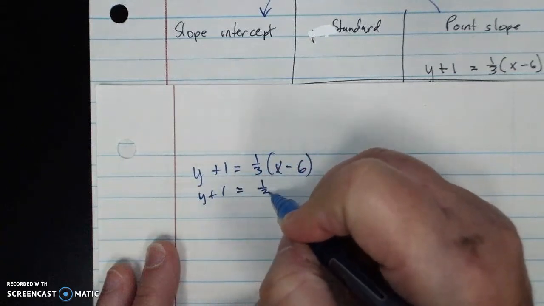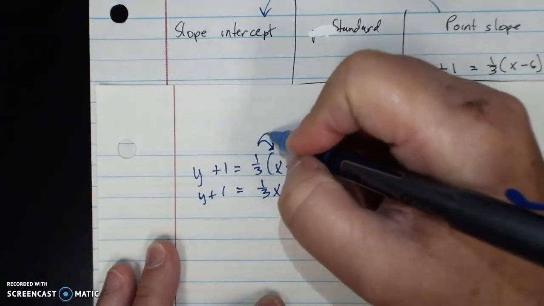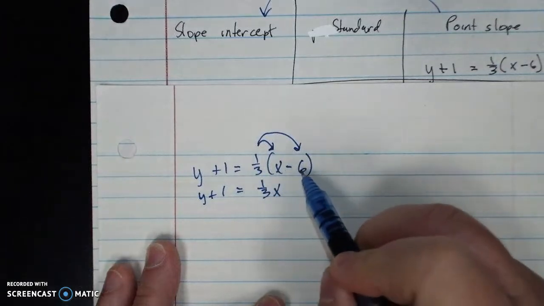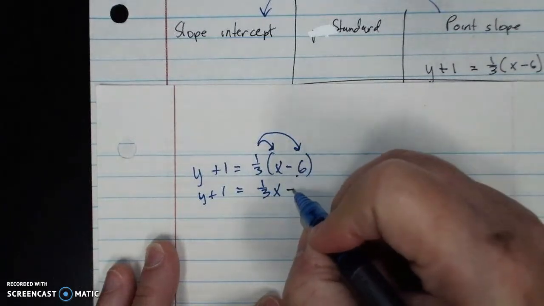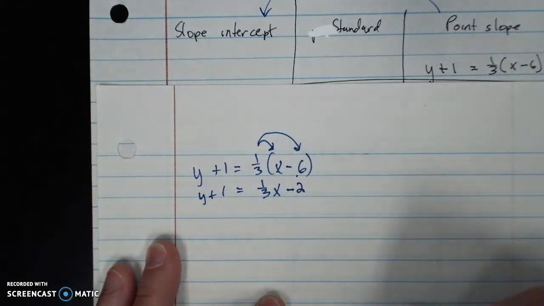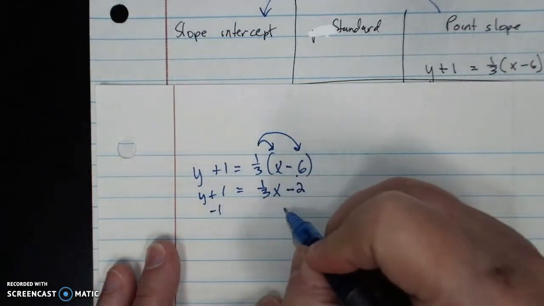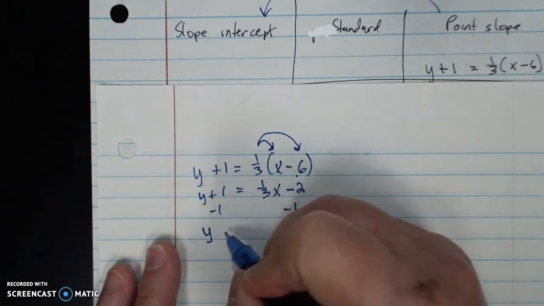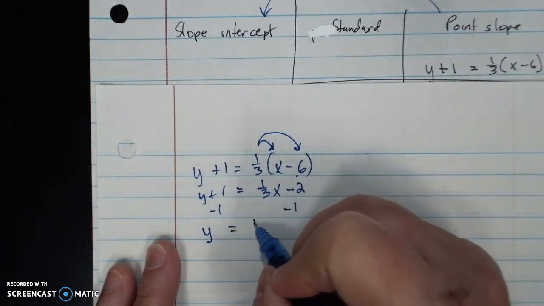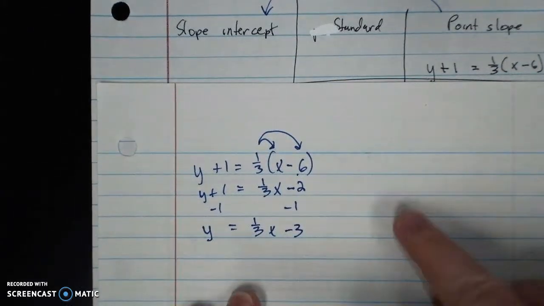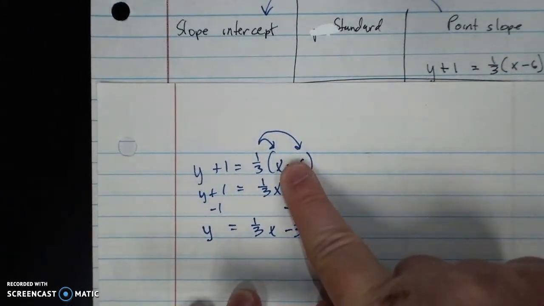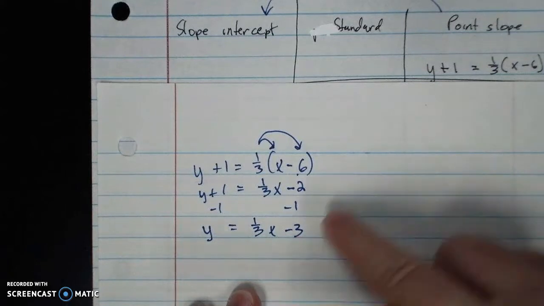I'm going to distribute the 1/3, and I'm going to be careful of my signs. 1/3 times -6 is -2. I'm going to subtract 1 from both sides, and I'm going to have y equals 1/3 x minus 3. So that's how I would go from point slope to slope-intercept.